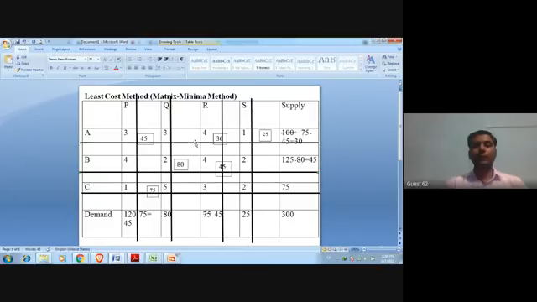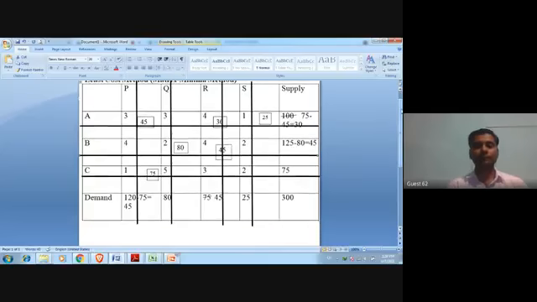So now we are looking that all the demand and supplies of warehouses are fulfilled and the factories have given all the units to warehouses. Now we have to find the initial feasible solution. Okay, so what we have to do, we will multiply all these per unit costs with the units that we have given to a particular warehouse from particular factories.